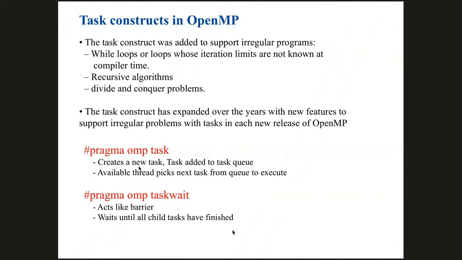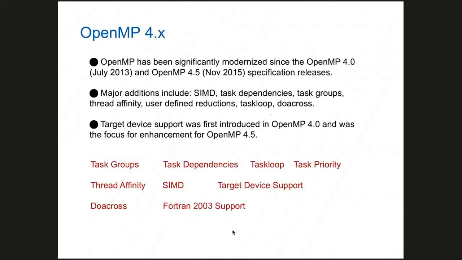So that broadens its use. The task construct was actually proposed in version 3, and in version 3.1, and it was largely enhanced in OpenMP 4. OpenMP 4 and OpenMP 4.5 are considered to have significantly modernized OpenMP.